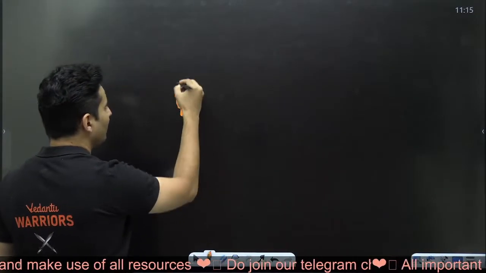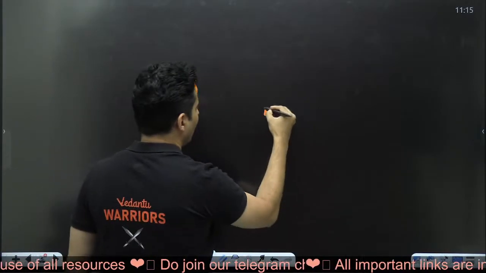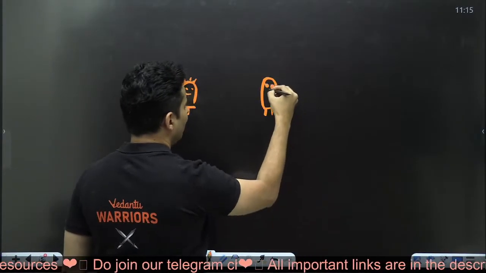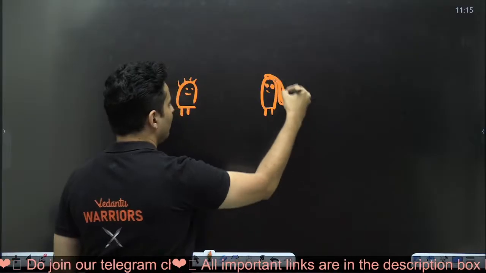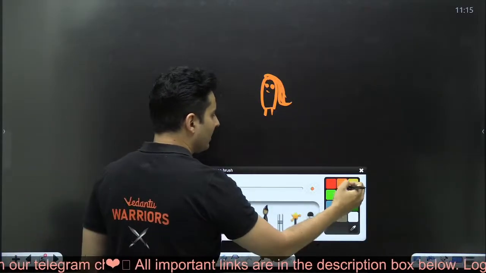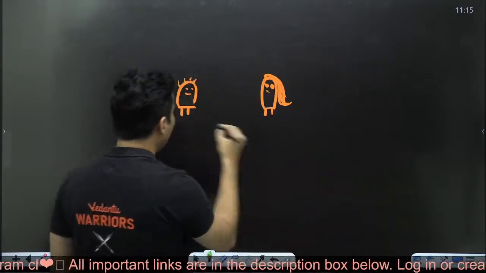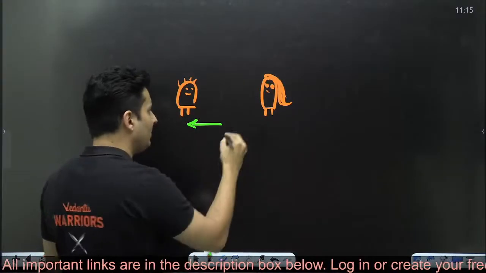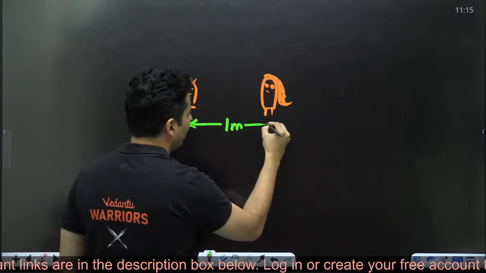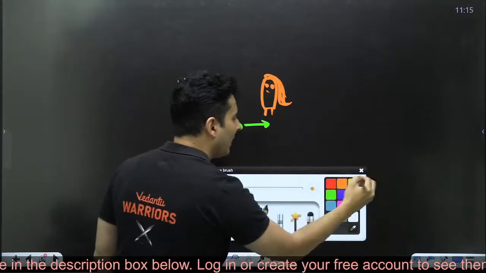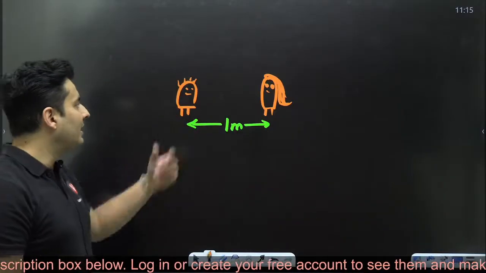Imagine this is our Pandu. And this is our beautiful Champa. They maintain a certain separation between them. Let's say that is 1 meter. Now, what happens? Pandu gets very attracted to Champa.